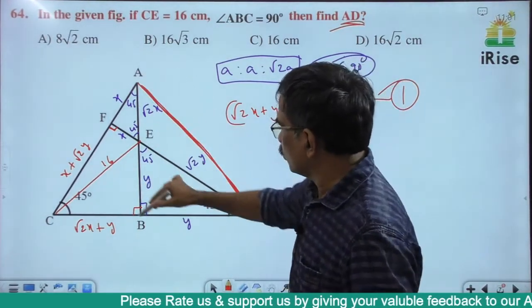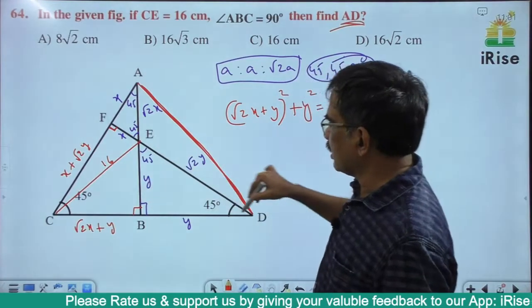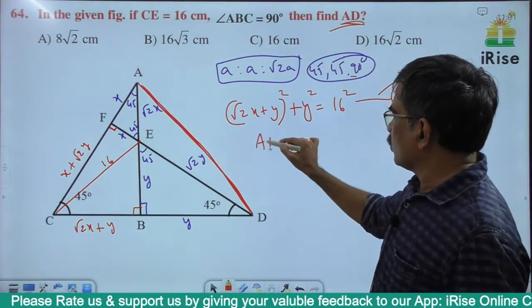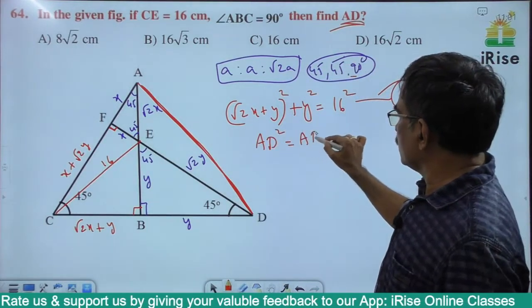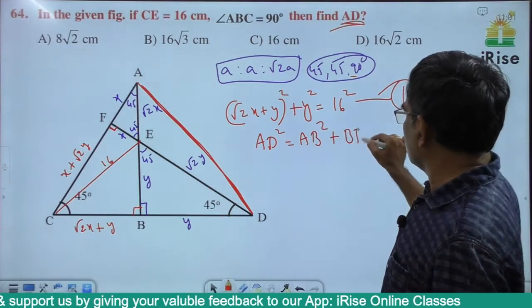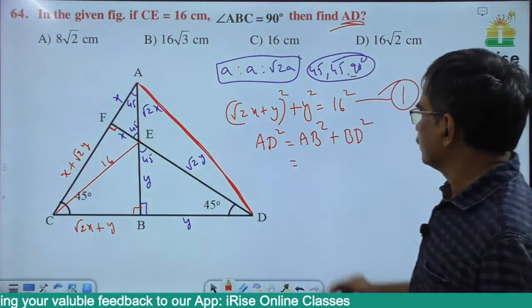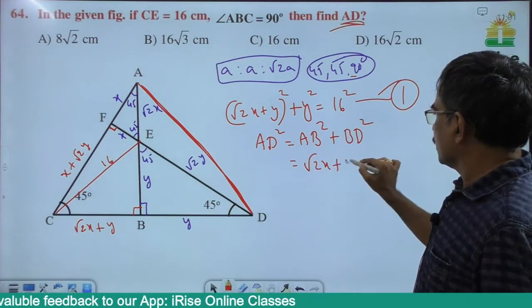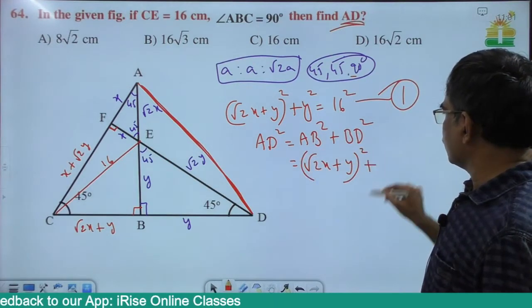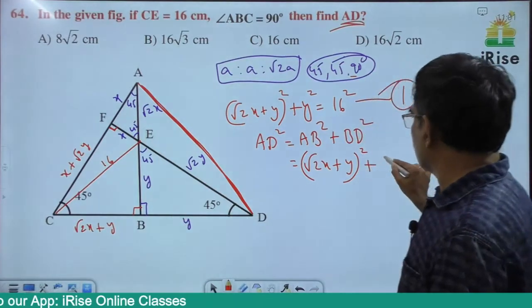Here consider this triangle. This is a right angle triangle. AD square is equal to AB square plus BD square. What is AB? It is √2x plus y, whole square, plus BD square, which is y square.